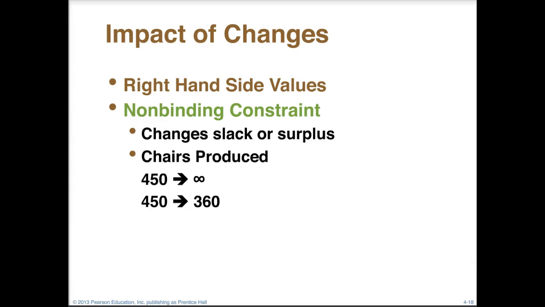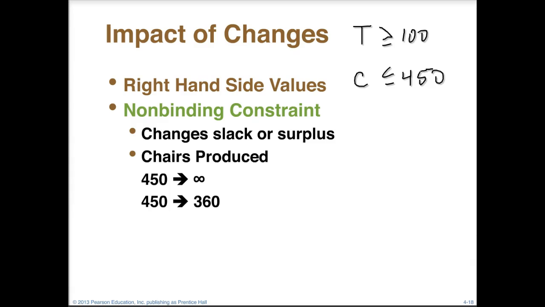All right. And so now we'll look at some right-hand side values for non-binding constraints here. And we're going to introduce what's called slack or surplus here. Remember that for our tables, we needed to make a minimum of 100, and for our chairs, we needed to make no more than 450.